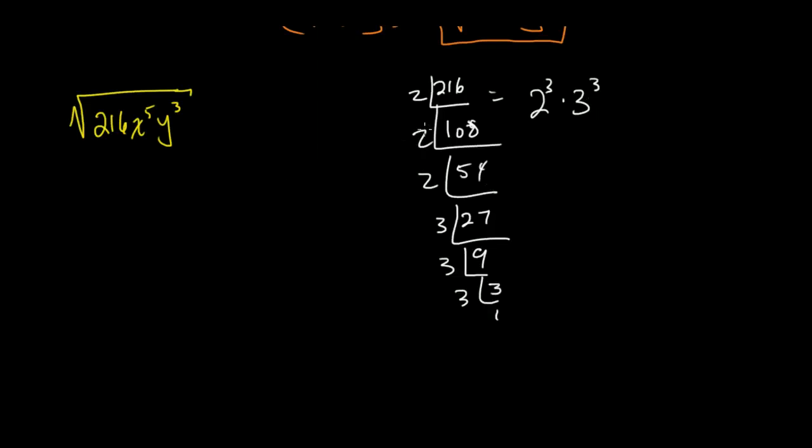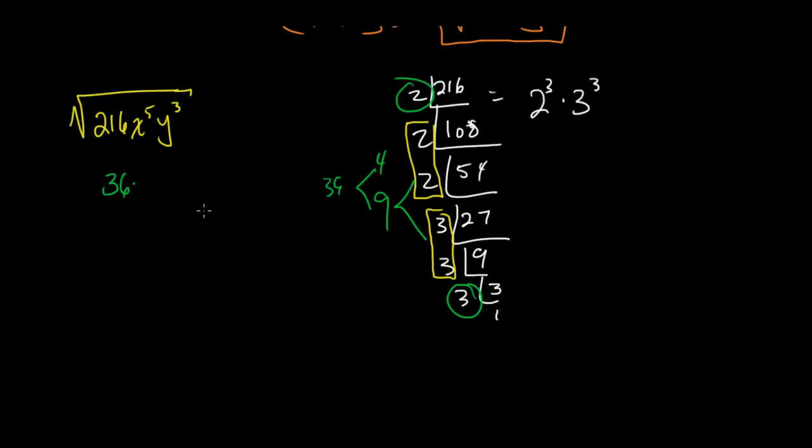But another way to look at it is to see, well, look, I have 2 squared here and I have 3 squared here. And then I have left over a 2 and a 3. So this number here, that's pretty cool. That's 9 times 4, right? Well, that's just 36. Okay, well 216 we can understand as 36 times 2 times 3 is 6.